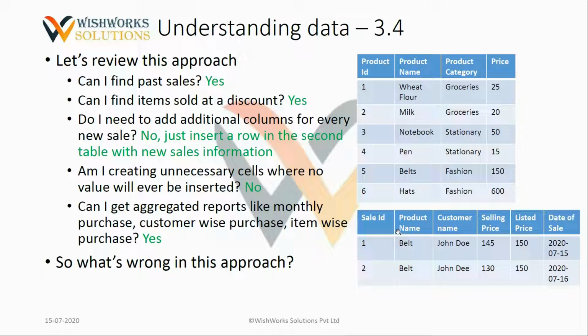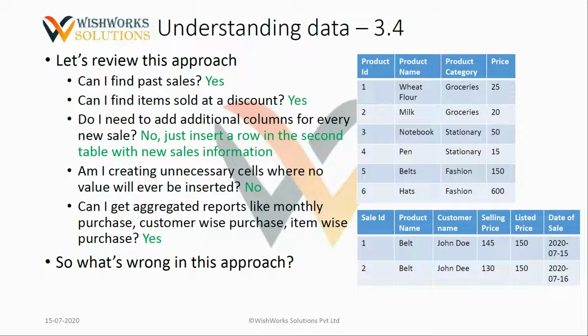The second issue is that I am entering belt, my assistant enters belts. Or he enters a wrong spelling for belts. Then what would happen? I cannot make an aggregate because the computer will not understand the variations in the spelling. So I have to tell the computer that these are the different variations. That is another way of handling it, but that is not a good way of handling, right?